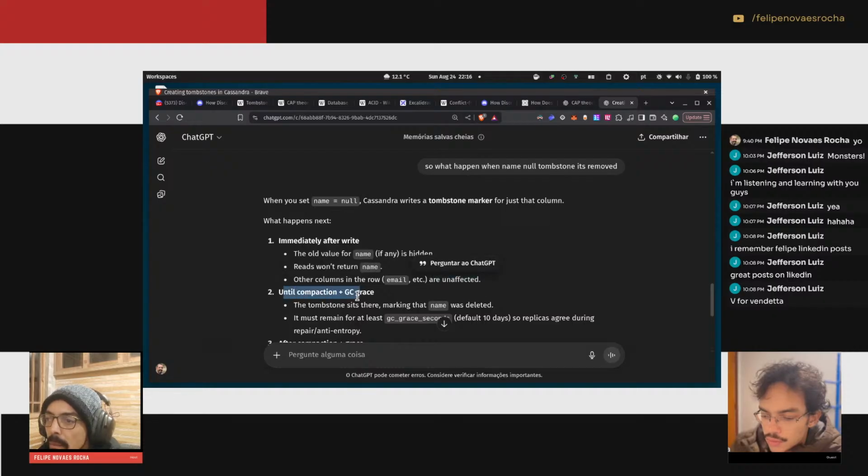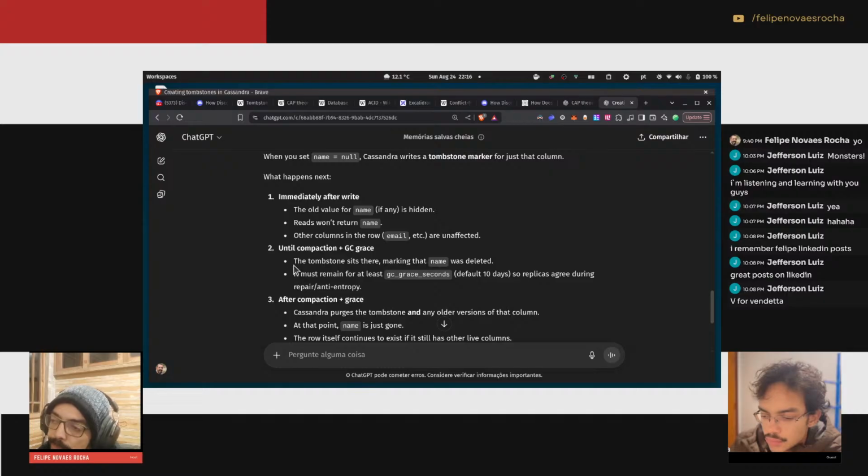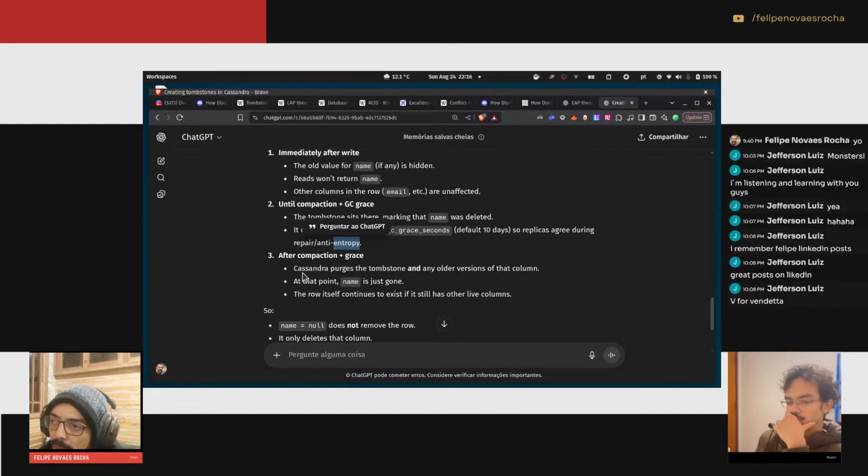Fact that until compaction or garbage collection grace, sit there, mark that name was deleted. Must remain for the grace seconds, default 10 days, so replicas agree during the repair or anti-entropy. After compaction, purge the tombstone and any other version of that column. At that point, name is just gone. The row itself continues to exist if it still has other live columns.